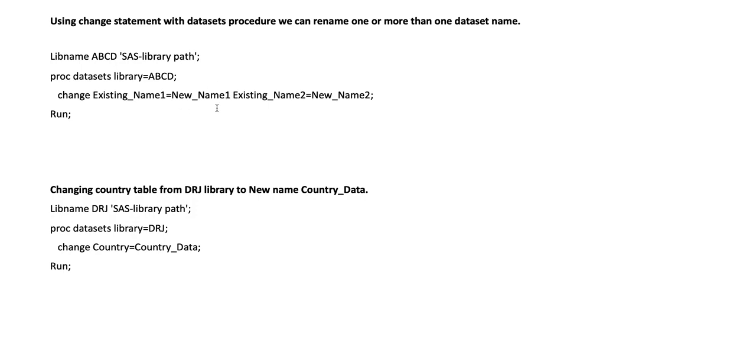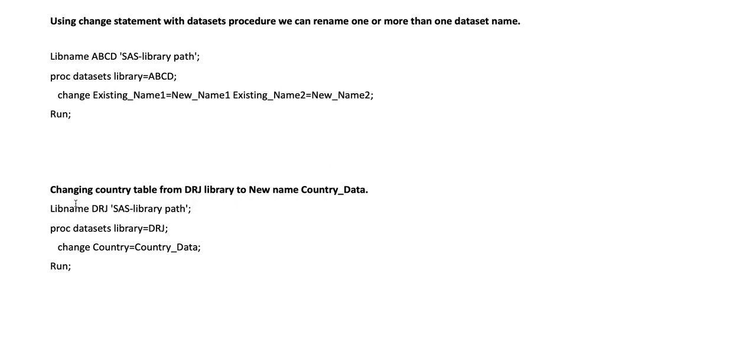Similarly, we can change more than one dataset name, like here, existing name 2 to new name 2, and run. When we run this code, then existing dataset name 1 changes to new name 1 and existing dataset name 2 changes to new name 2.